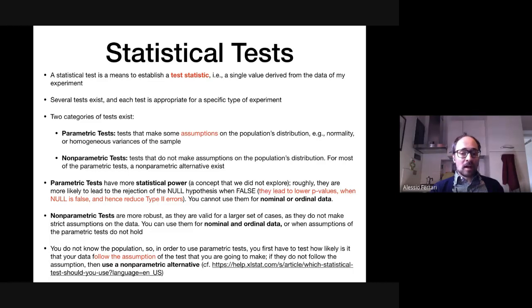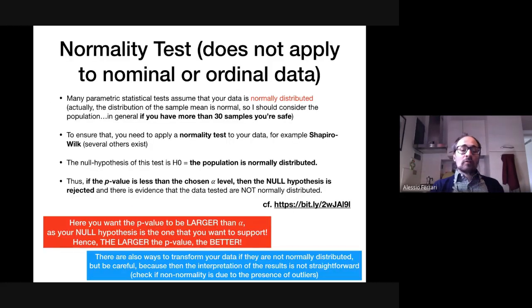When you perform a parametric test, as I said, you need to check that your data follow some assumptions. And the main of these assumptions is the normality of your data. For this, you need to perform a test, the normality test. This is, again, a statistical test, so a black box that produces a number and that allows you to reject the null hypothesis.